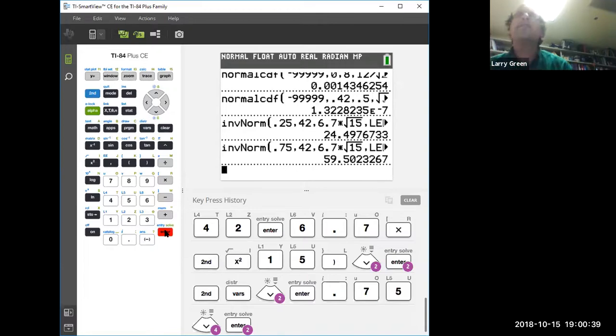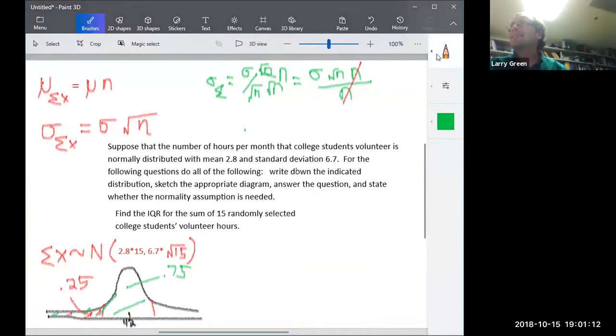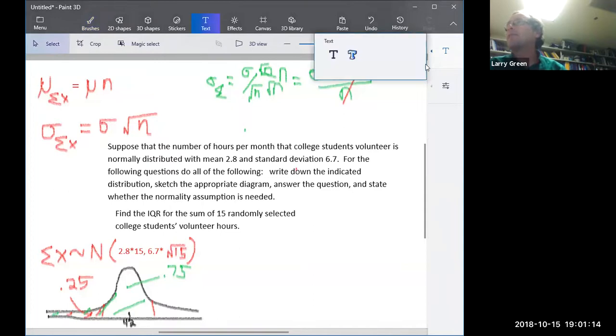So the IQR, there are kind of two ways of writing it. One is that the IQR is between 24.5 and 59.5. The other is to subtract the two numbers, and you get an IQR of 35. 59 minus 24 is 35. Any questions on that idea? Okay, but we're not done yet. Let me write down the answer first.